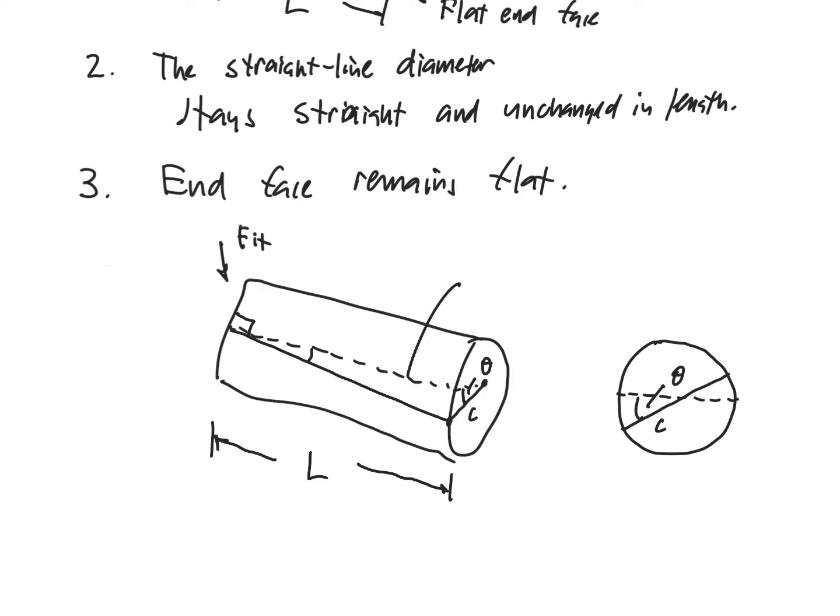There's going to be an opening up of that 90 degrees. So what was originally 90 on the outer length of the circle is now going to be a little bit bigger than 90. And that is our change in angle between two lines that were originally perpendicular. So that's going to be our shear strain. So this is gamma at the outer radius C.